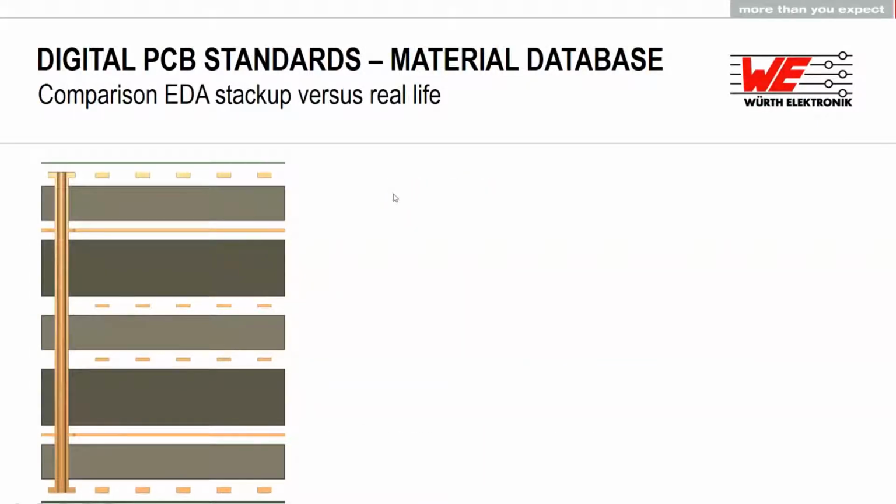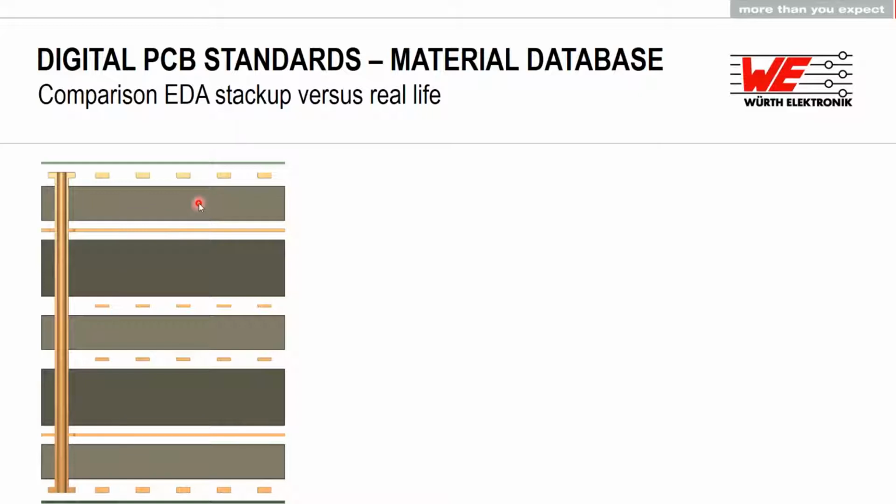So now I want to make a comparison between the EDA stackup, so Altium Designer, how it shows the layer stack in the Layer Stack Manager, and how it looks in real life. So what you can see here are the different material categories. Here is solder mask, here we have copper, then next thing is a prepreg.